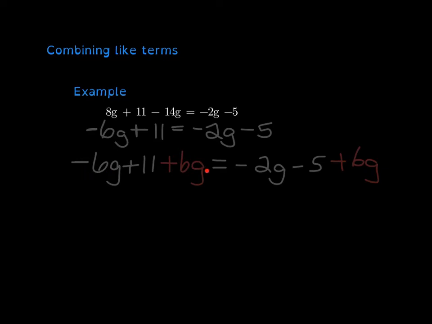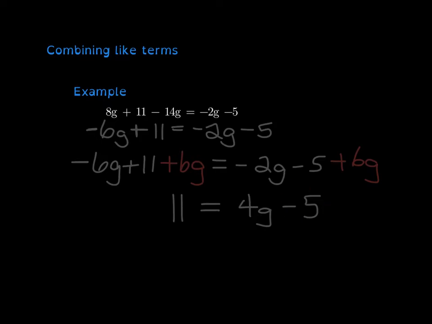These two cancel, leaves us just with 11 on the left-hand side. On the right-hand side, we combine the minus 2g plus 6g, so we get positive 4g. Next, we want to try to get rid of the minus 5.